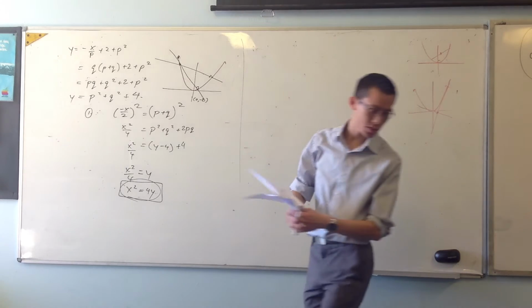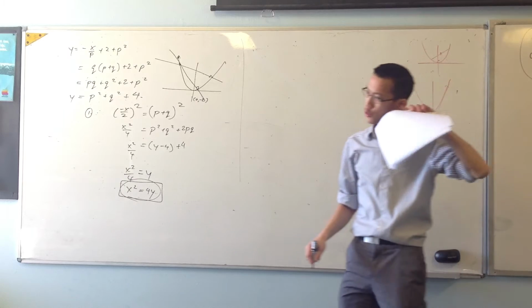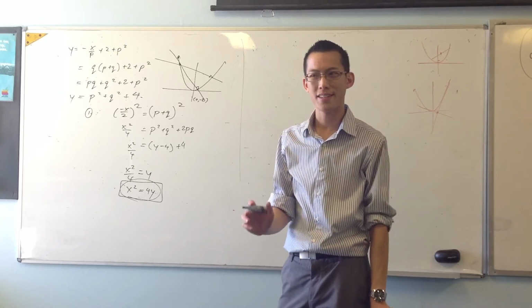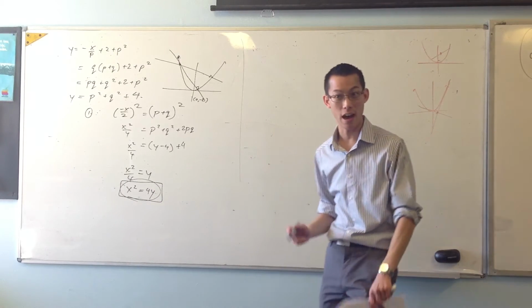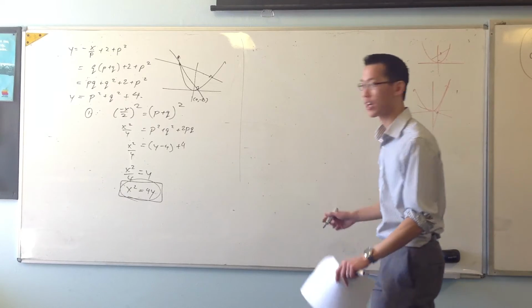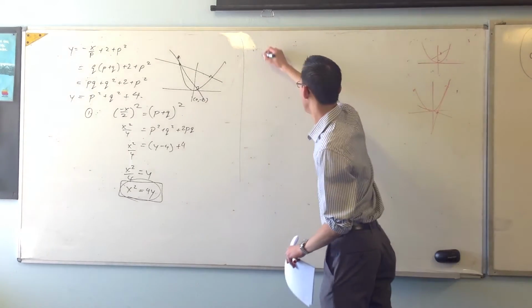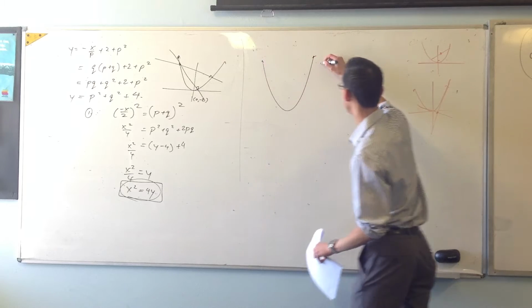Just to save you some time, just draw the parabolas. Don't even worry about the x and y axes. I'm just interested in the shape, and we're going to draw some normals on these in a second. So draw 3 parabolas next to each other.